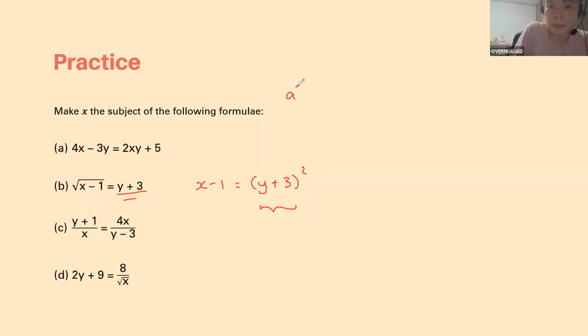Hopefully you all can memorize this special algebra identity. Even if you cannot, let's say in the exam you forget, you can always do the longer way and you will still get it correct.